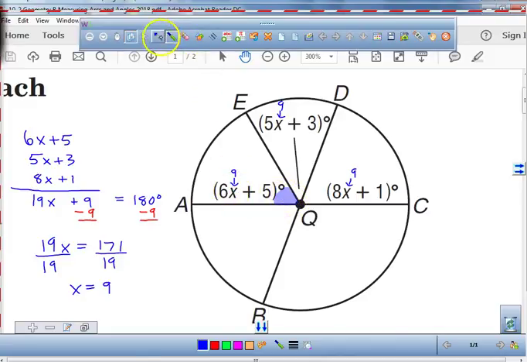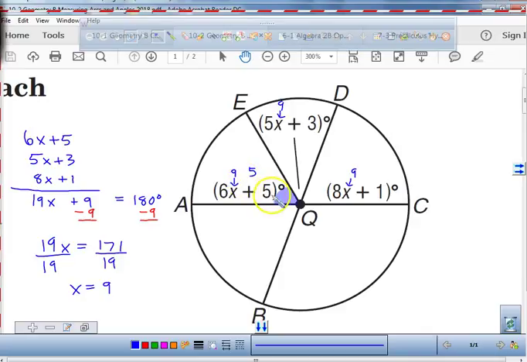When I plug in a 9, I get 6 times 9, which is 54. 54 plus 5 gets me 59 degrees. What's the measure of this angle right here? 59 degrees.